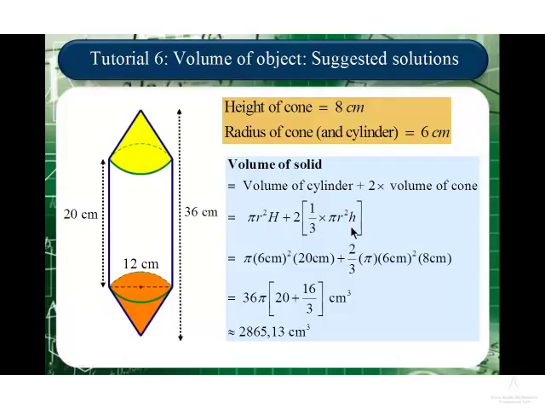Substituting the relevant values and consolidating, checking the algebra, we arrive at an answer approximately equal to 2865.13 cubic centimeters. Check with your calculator that you agree with this answer to 2 decimal place accuracy.